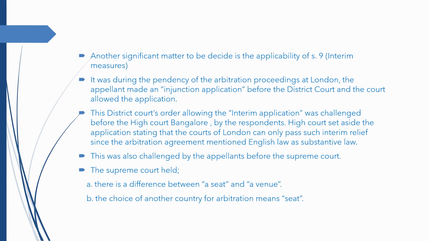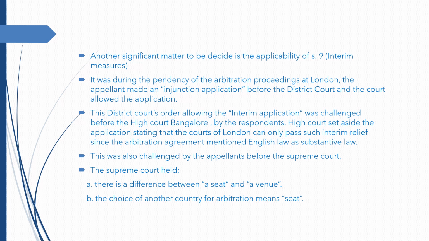While setting aside the order, the High Court pointed out that only the courts of London can pass any interim relief, because the parties agreed that if we go for arbitration, everything will be in accordance with English law as substantive law. This was also challenged by the appellants before the Supreme Court.